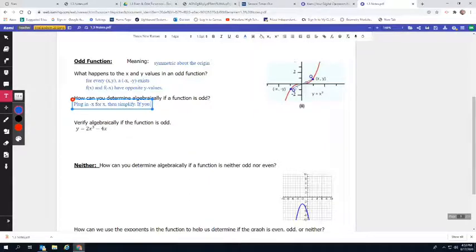If you end up with a function that is the exact opposite of the original function, and what I mean by that is all of the signs have changed, then the function is odd.